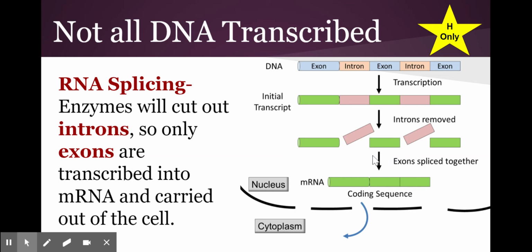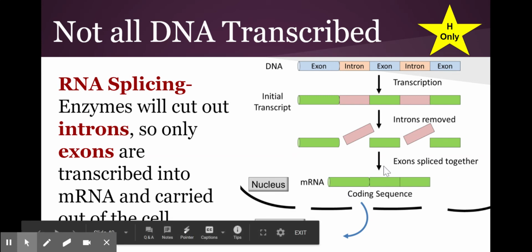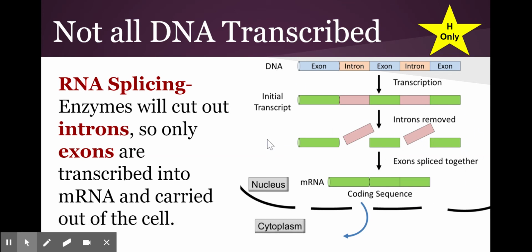They're just going to break back down and be reused as raw materials to maybe build another RNA strand. Your exons are then stitched back together to create your final mRNA sequence. Again, we're finding that a huge portion of our genome is coding for different ways to do this splicing, to create different proteins even from the same initial transcript of mRNA, which is pretty cool.